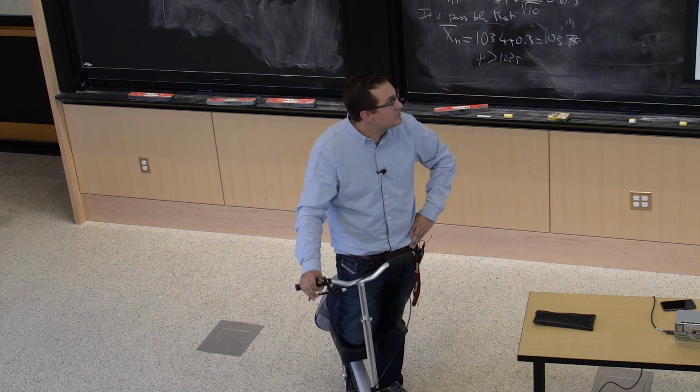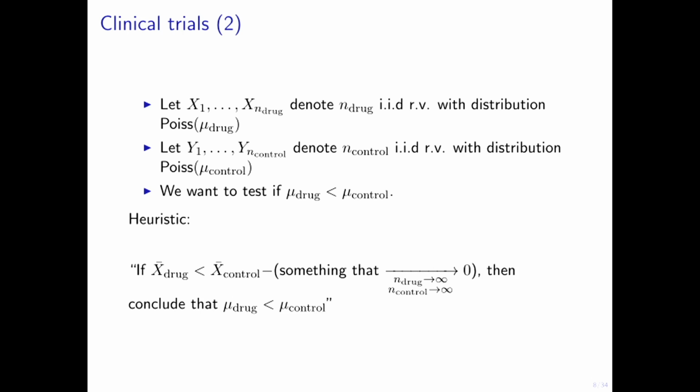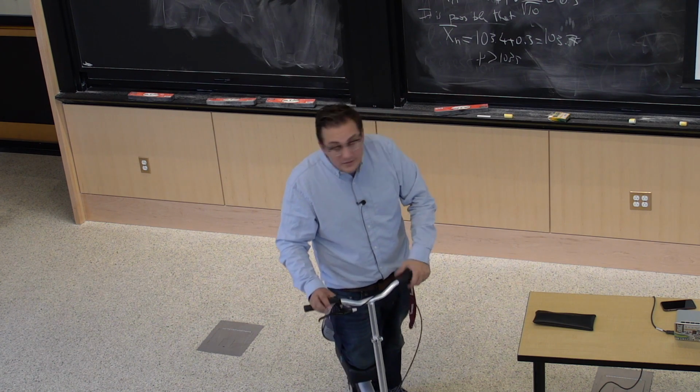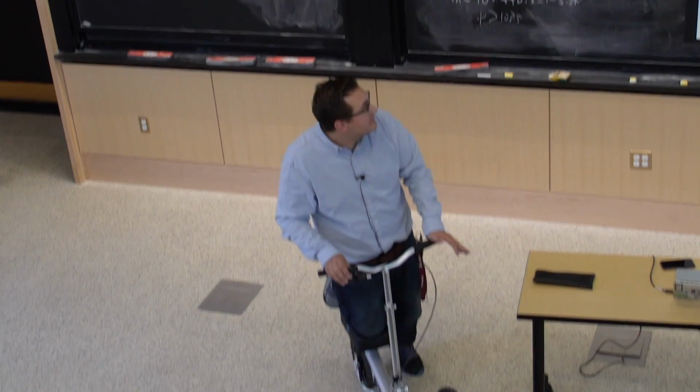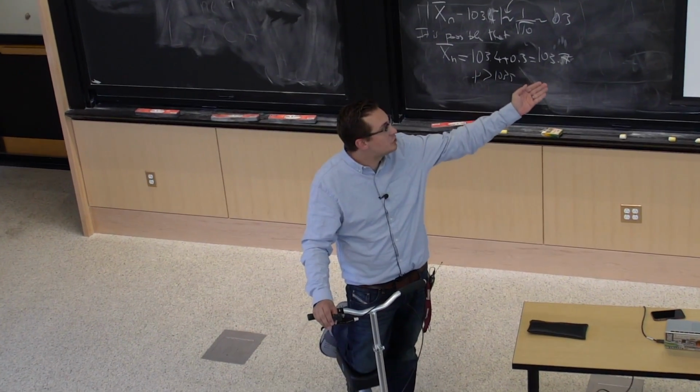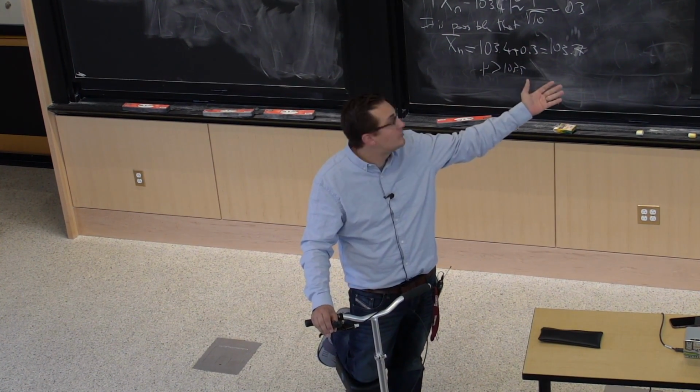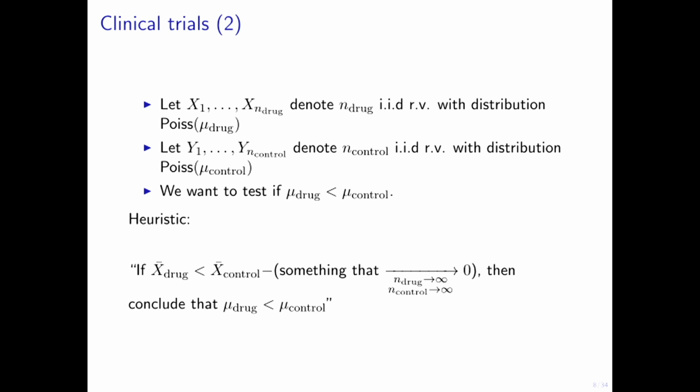So now what I want to do is test whether mu drug is less than mu control. We said that already, but the way we said it before was not as mathematical as it is now. Now we're actually making a test on the parameters of Poisson distributions, whereas before we were just making tests on expected numbers. So if we try to apply the heuristic now, rather than comparing x bar drug to some fixed number, I'm actually comparing x bar drug to x bar control. But now I need something that accounts for not only the fluctuations of x bar drug, but also for the fluctuations of x bar control.